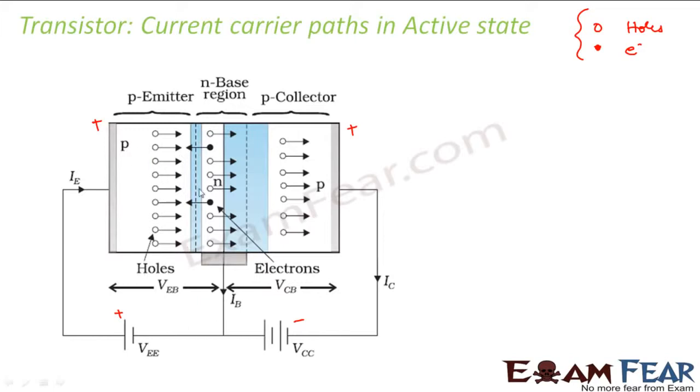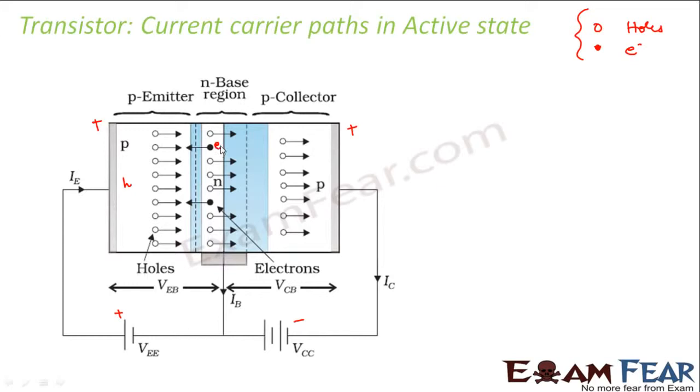Now, since the base is very lightly doped, very thinly doped, the charge carriers coming from the emitter all enter the base. The base is N region, so in the base the majority carriers are electrons; in P the majority carrier was hole.